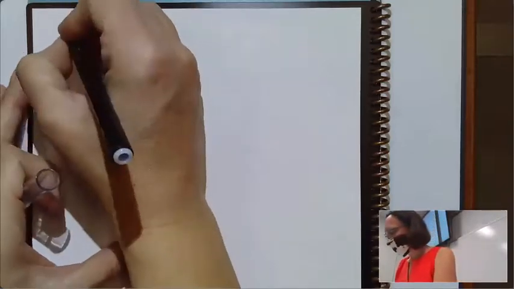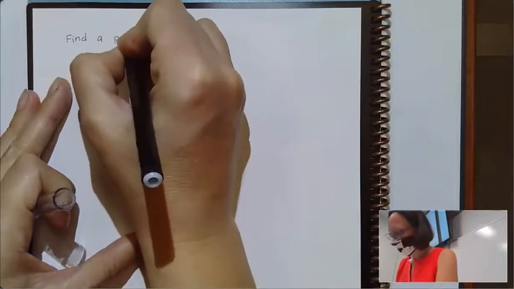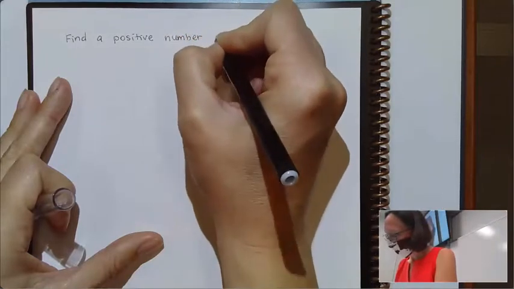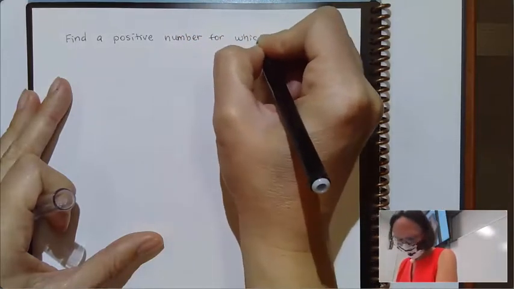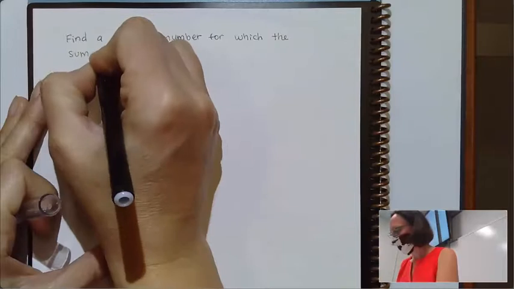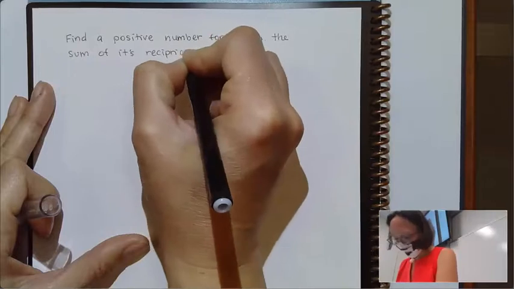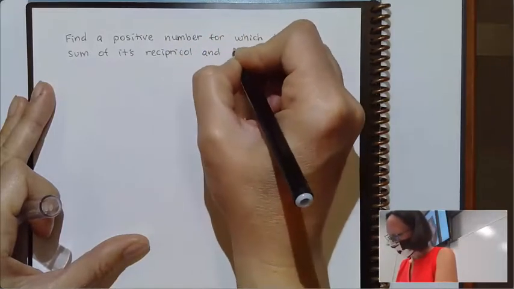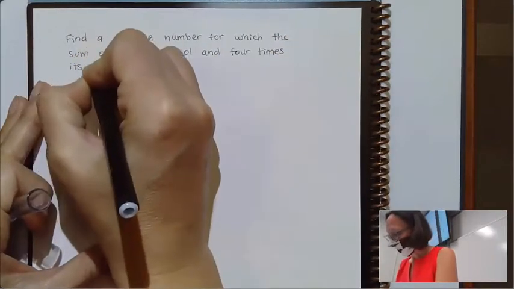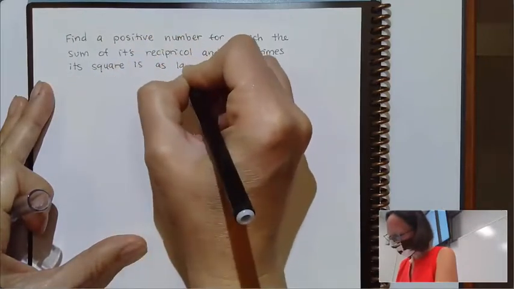We want to find a positive number for which the sum of its reciprocal and 4 times its square is as large as possible.